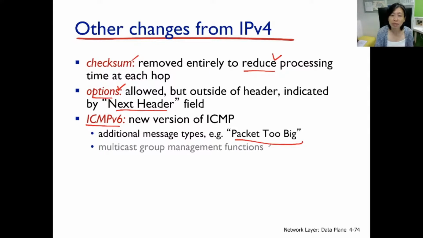The mechanism in version 6 is to send a special ICMP version 6 message back to the data source saying packet too big, and the better packet size is below this MTU value. So there are additional messages defined in ICMPv6, allowing the routers to manage themselves, deciding the best datagram size. And we'll just ignore this part. Multicast, we'll just not talk about it at all, it's a can of worms. So this is the IPv6 packet format.